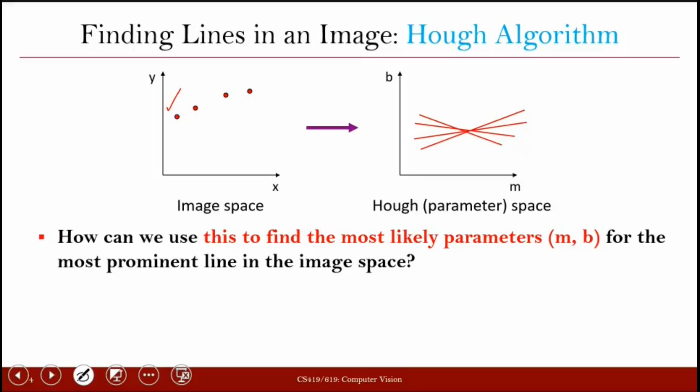So let us consider the example of the model as lines, because we have discussed this in the previous class. If we have to fit a line, or find the existence of a line, then for all given feature points in the image space, for every point we have to consider the point and then find the possible values of the model parameters for which you will find a line which passes through this particular point.